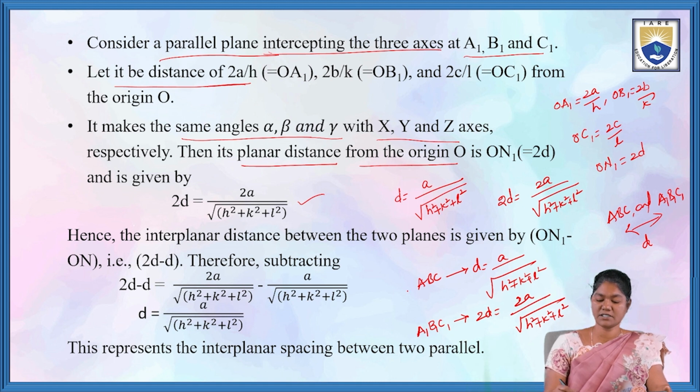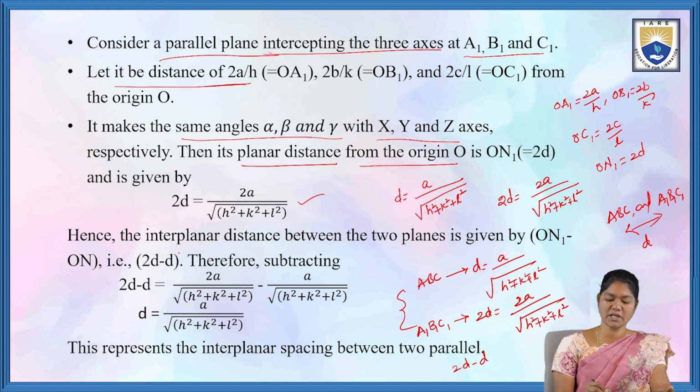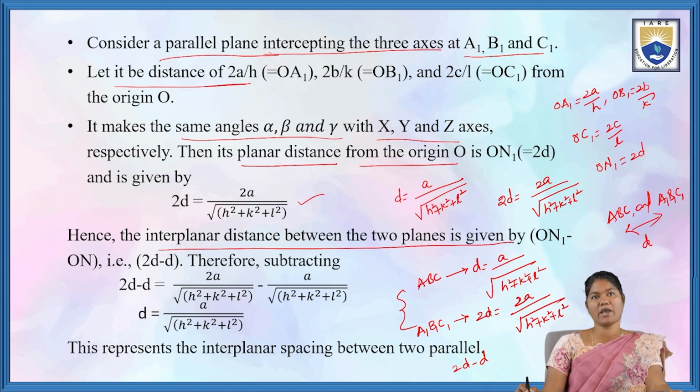Then the distance between the two parallel planes we get by subtracting the d values, that is 2d minus d. So the interplanar distance between two planes is given by ON1 minus ON, that is 2d minus d.